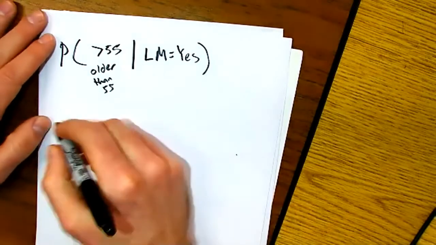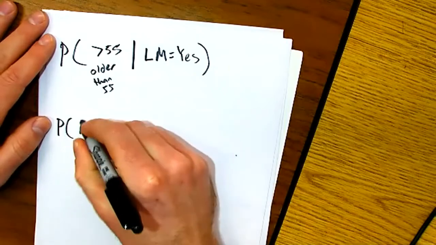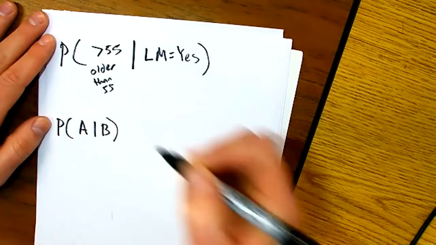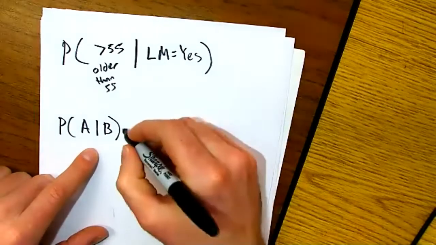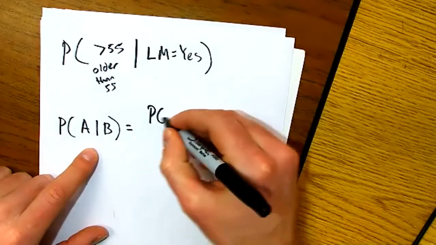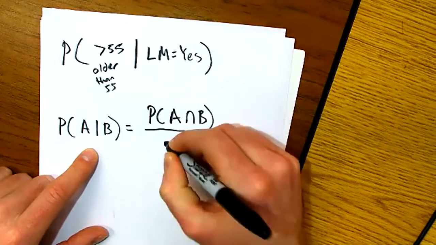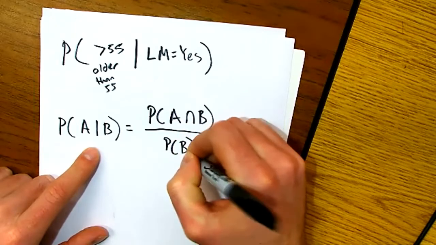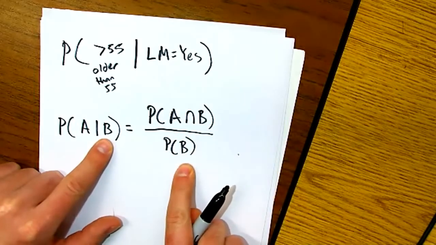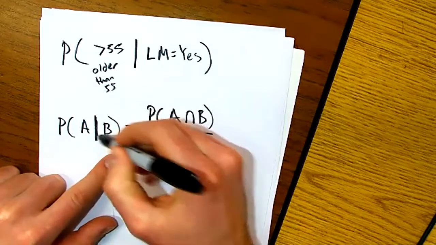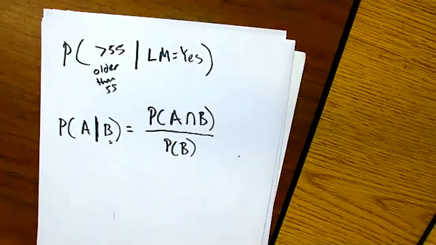But the general form is that if I'm looking for a conditional probability, that's going to be the intersection of the two events divided by the probability of what I'm conditioning on. Remember, what I'm conditioning on is what's on the right-hand side here.